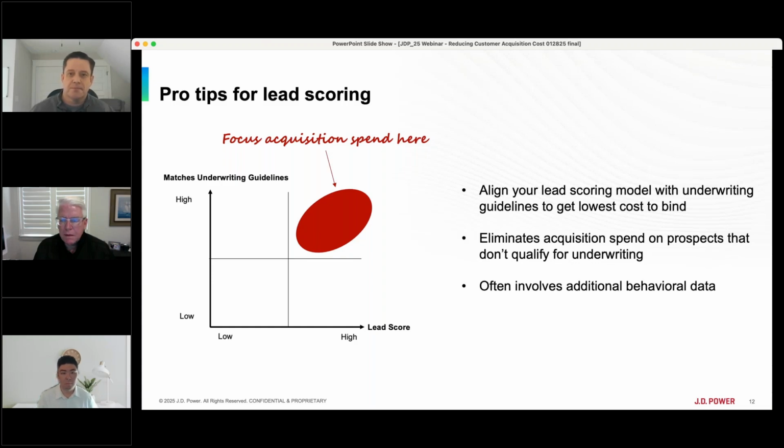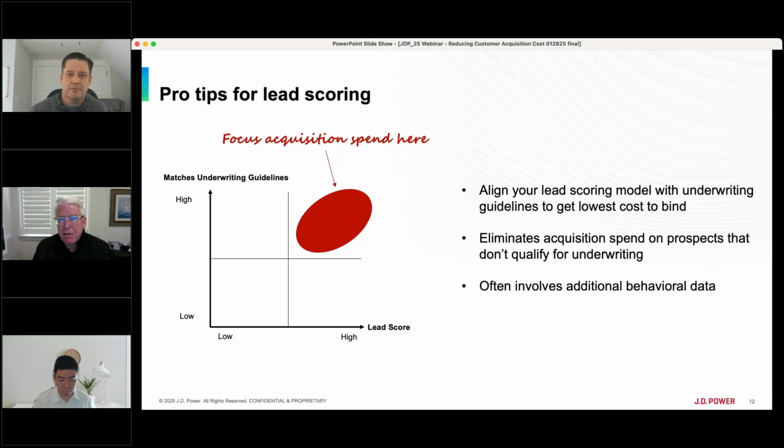Okay, so the benefit here is, number one, your marketing ROI overall is going to be better when you get to the end of the year and look at how effective it was in getting the prospect to come in, get the quote, and then bind. You're also eliminating any marketing spend that would have been wasted on people who didn't qualify for underwriting.